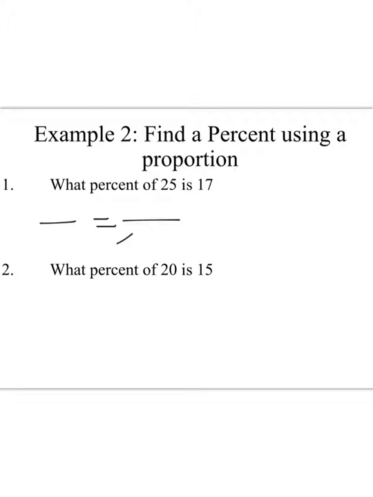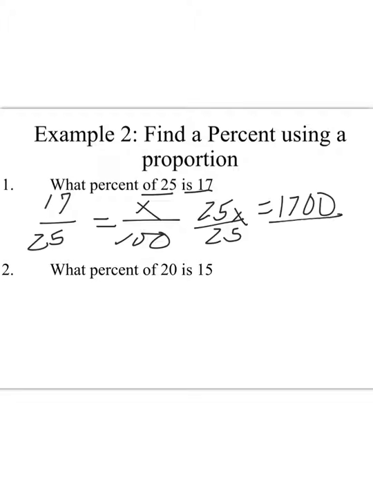So we're always going to start with 2 fraction bars, and we're always going to put 100 underneath the denominator of the second one. The problem says of 25, so 25 goes on the denominator of our first one, and is 17, 17 goes on the top. We will go ahead and cross multiply, so 25x equals 1700.